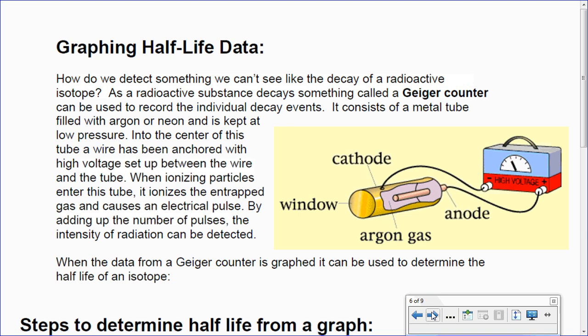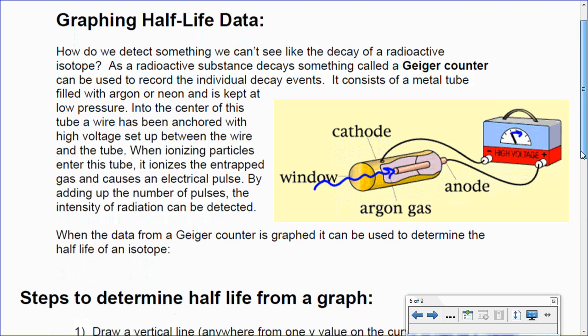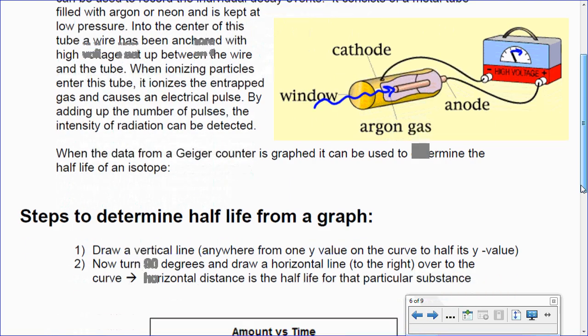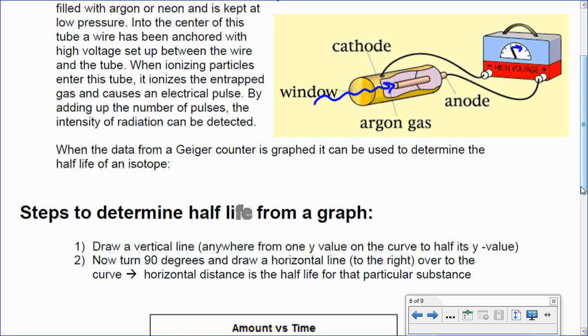Every time a radioactive particle comes flying through the window, it ionizes the argon gas in this tube and completes the circuit, and the thing goes tick. However many times that happens per second, it clicks, and the meter reads how much radiation is coming in. Every radioactive particle that comes in there completes the circuit for a fraction of a second and makes the needle dance, telling you how much radioactivity we've got.